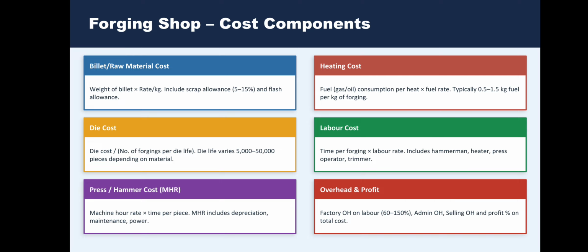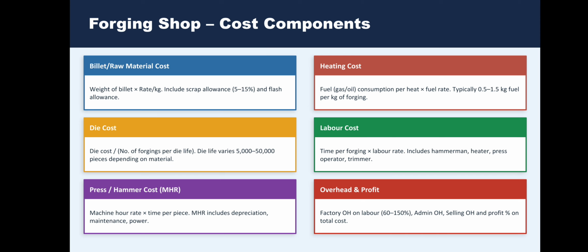Die cost includes die cost per number of forgings per die life. Die life varies from 5,000 to 50,000 pieces depending on material. The press or hammer cost is the machine hour rate, MHR, into time per piece, TPP.